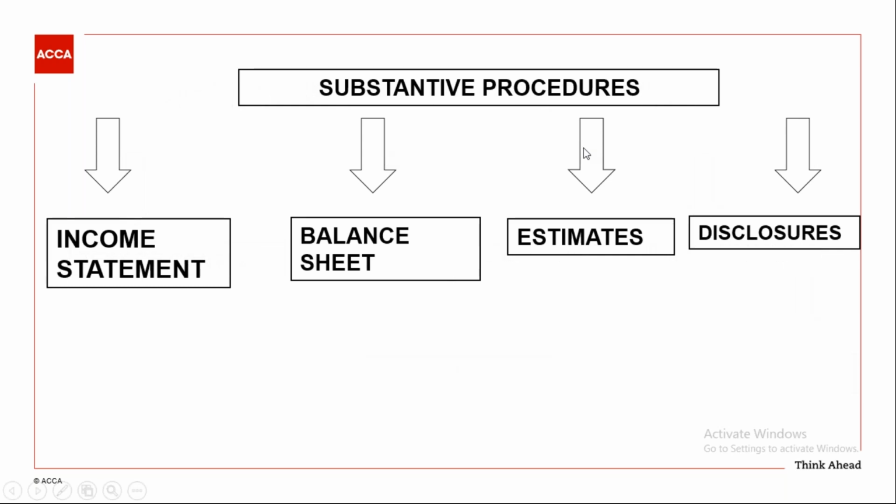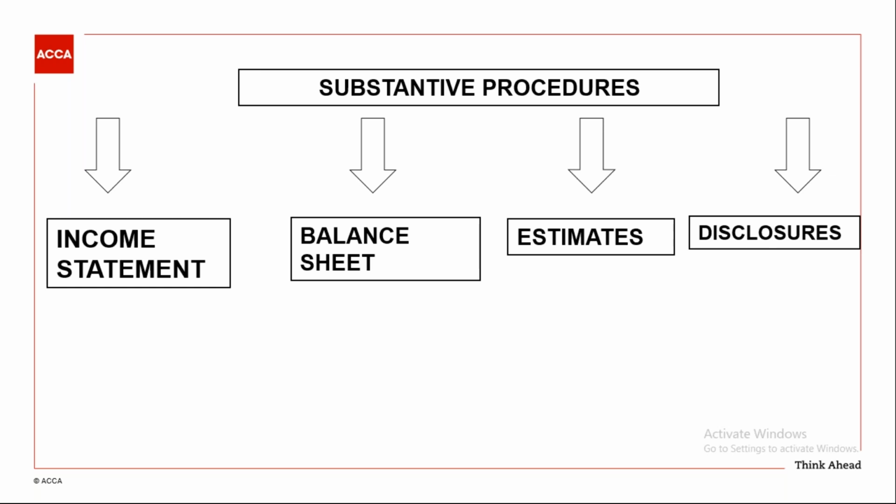Just a brief idea about substantive procedures. In audit and assurance, most of the time these substantive audit procedure questions focus on an income statement element or an income statement related problem. Try to differentiate between the two.